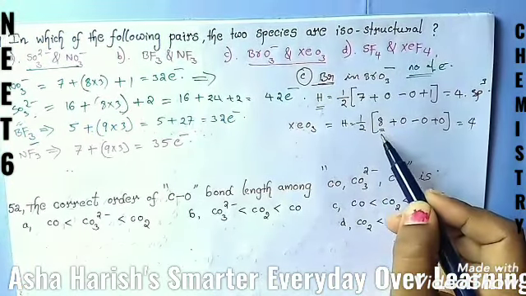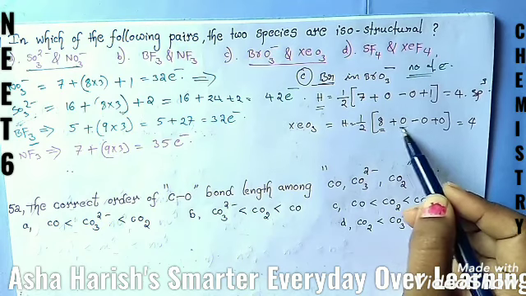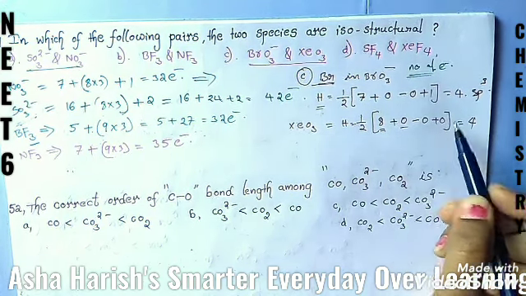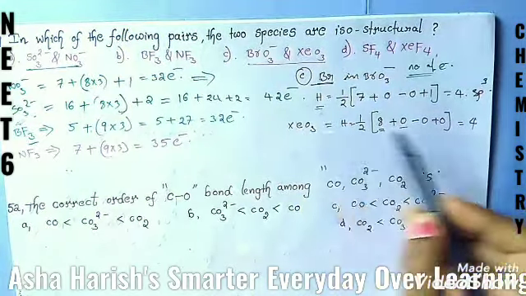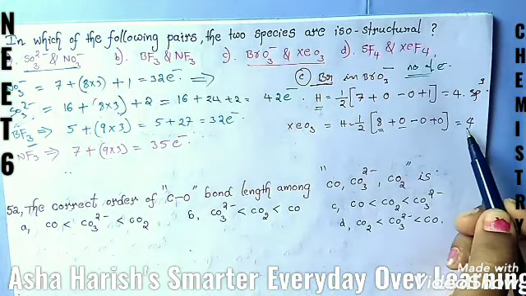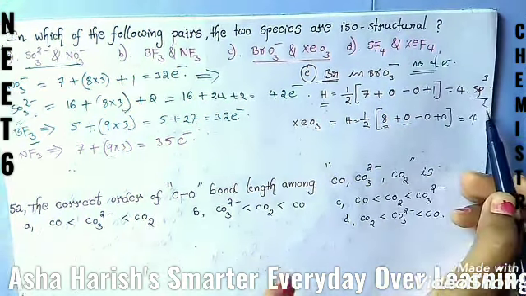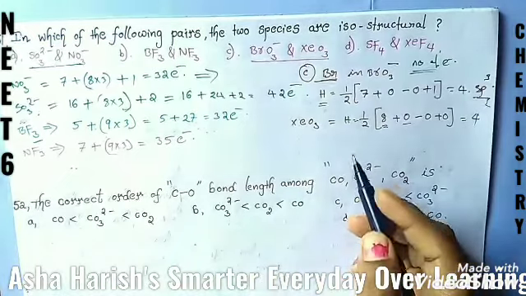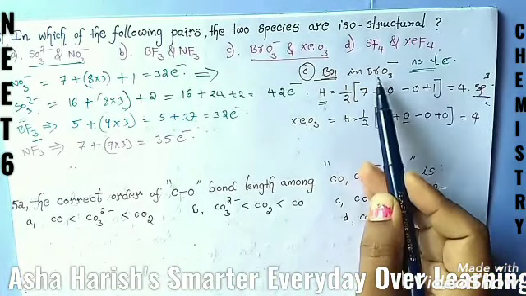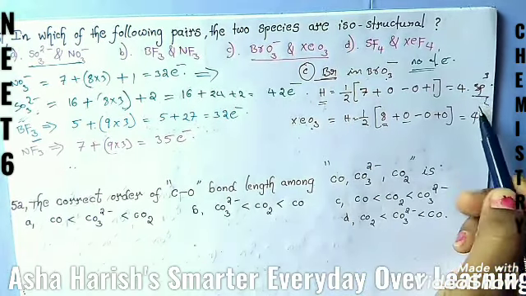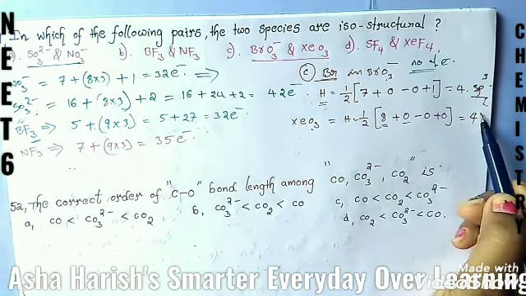Xenon valence electrons are 8 here, and this is the atomicity, and this is the charge of the cation, and this is the charge of the anion. Here there is no ion formation, so you need to take zeros on both sides, and this is 4, also sp3 hybridization. Right, in both BrO3- and XeO3, the central atom has sp3 hybridization.